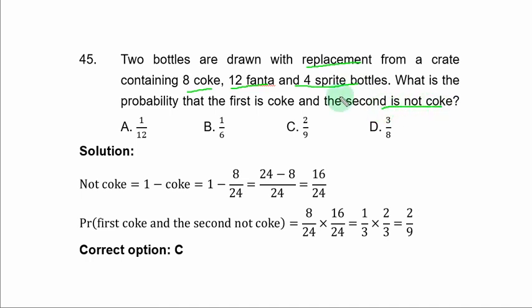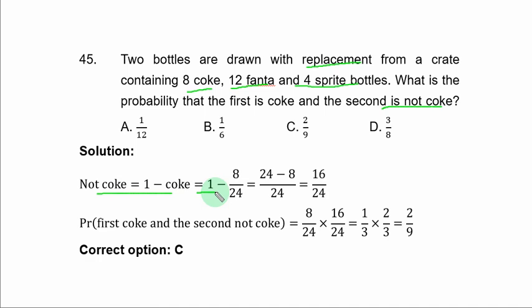So you have to get not Coke. Now, Coke plus not Coke is equal to 1. So not Coke is equal to 1 minus Coke, and that is 1 minus 8, the number of Coke, over the total bottles in the crate, 24. That is 8 plus 12 plus 4, 24.